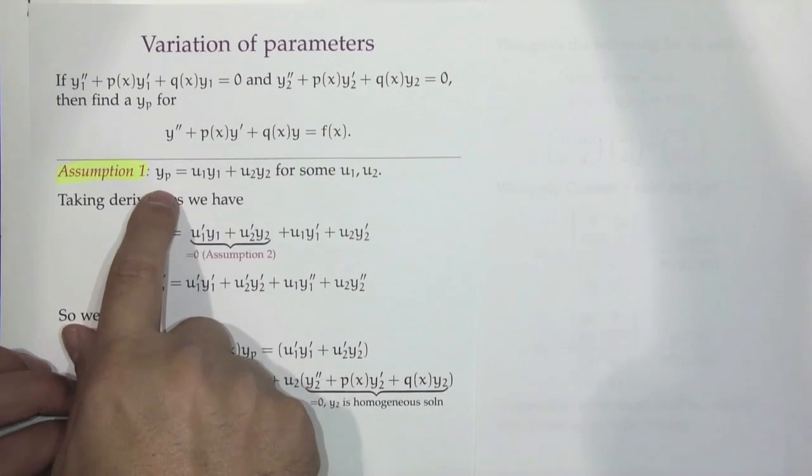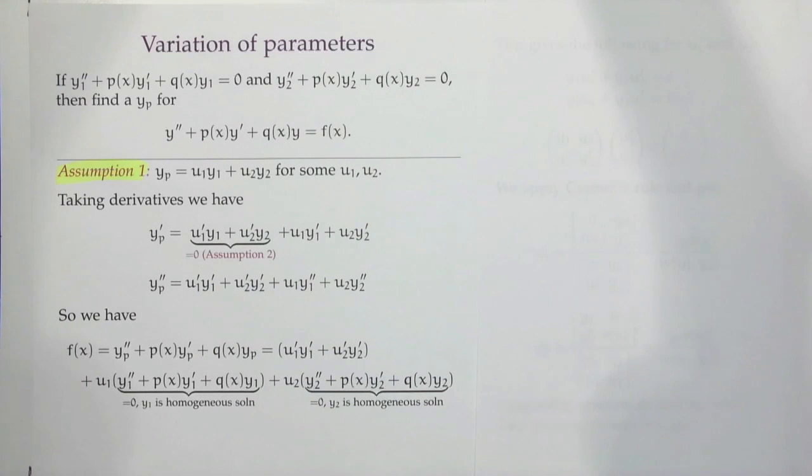All right, so that's our first assumption. Now, if you remember reduction of order, it has that flavor. And that's actually not a bad thing. Like reduction of order had a very similar idea, but this one, we're going to kick it up a notch.